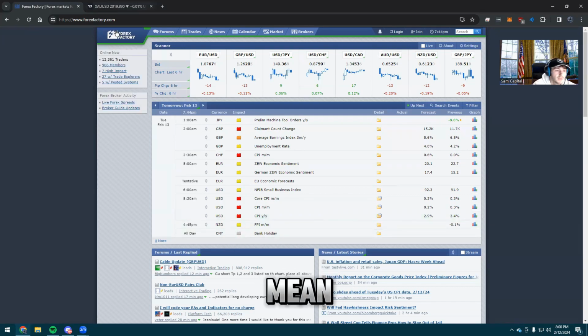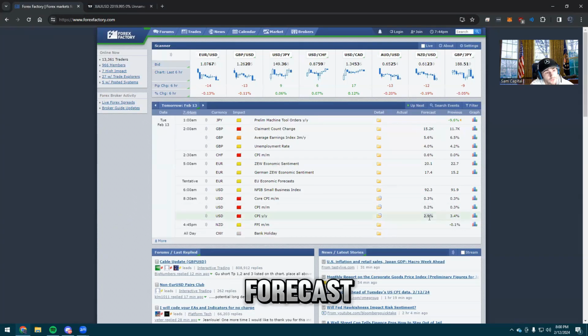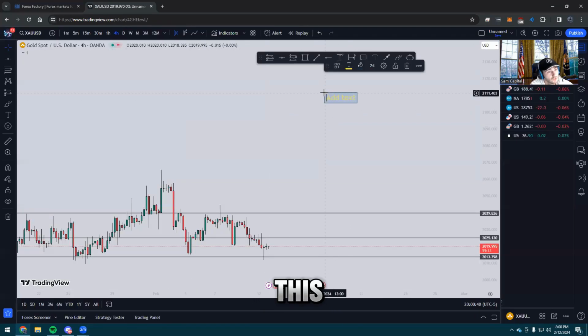But what does this mean? So what is the target? The forecast for tomorrow is 2.9%. This is how you want to look at this: CPI forecast equals 2.9%.